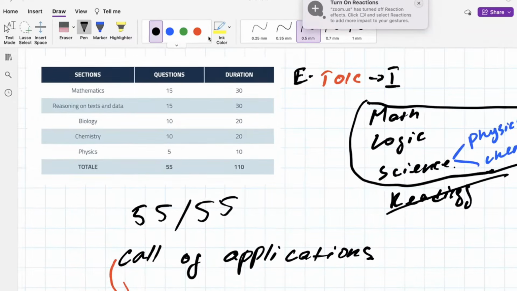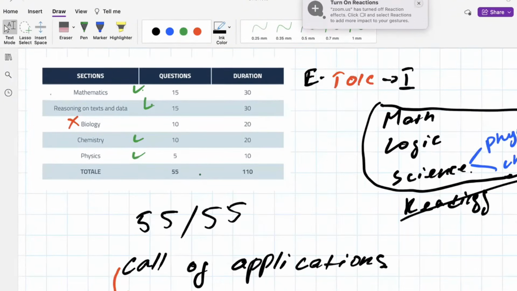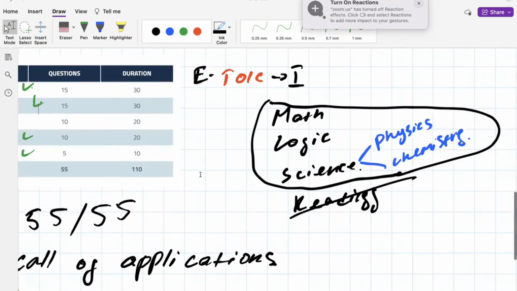So in this case, you would have to do everything except biology. Let me write that. So if you combine all the sections, basically what you have is TOLC-I. Of course, there is some difference in syllabus, but we'll see it later.